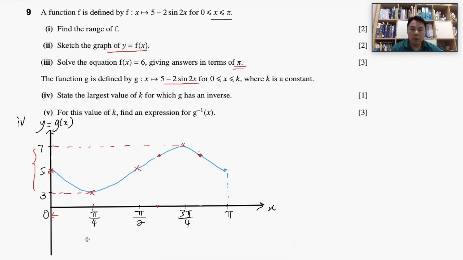And then we need to go until the point where an inverse can exist, where it is still a one-to-one function. As you can see from here visually, the only section where it can still be considered one-to-one is up to pi over 4. So up to here.